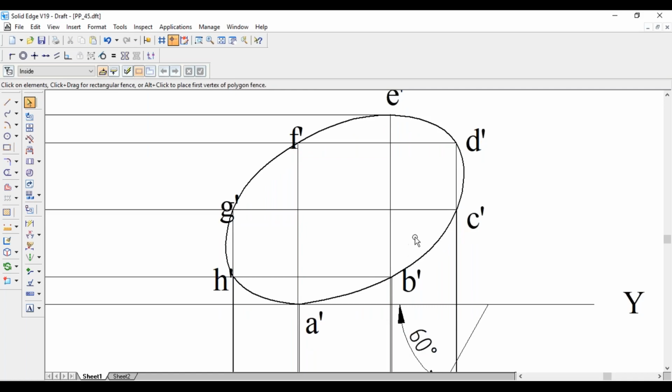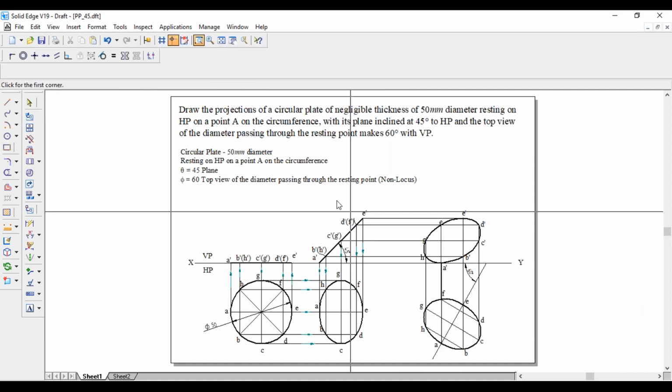Free-handedly you have to join all the endpoints. Show the arrow marks.